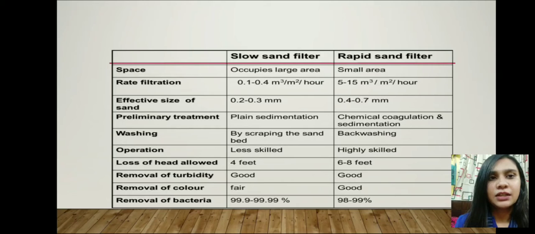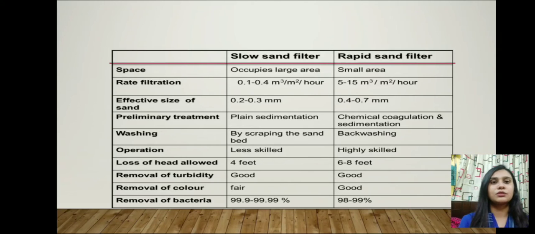In the slow sand filter 99.9 to 99.99% of bacteria is removed, and in the rapid sand filter the rate is much lower. So if we consider the removal of bacteria, the slow sand filter is much better.